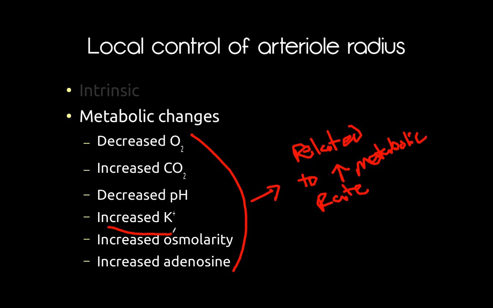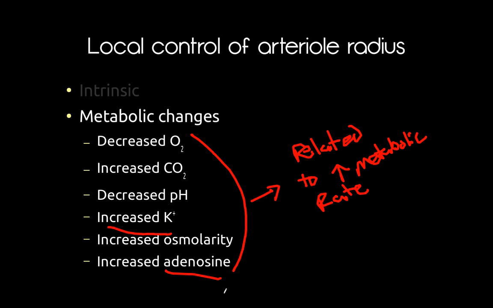We're also getting increased osmolarity because we're taking up water and we're also dumping a lot of things into the muscle, but we also have this buildup of adenosine during high metabolic rates as well. All of this is going to tend to increase these factors, and when this happens, you want increased blood flow to those areas because you need more oxygen.